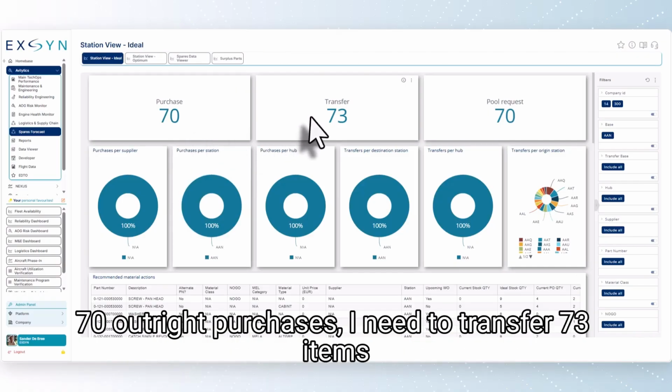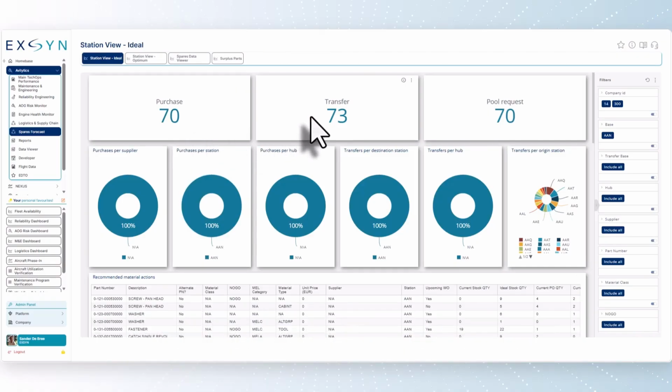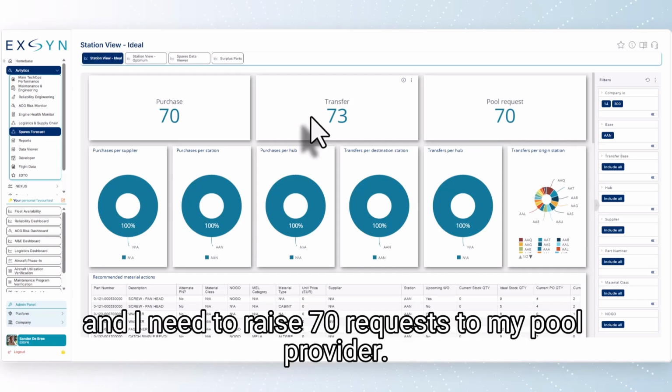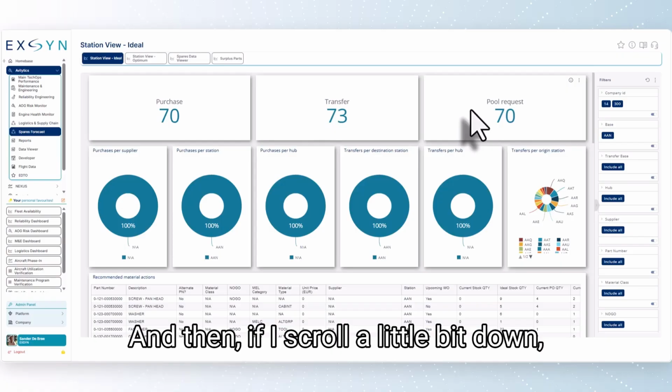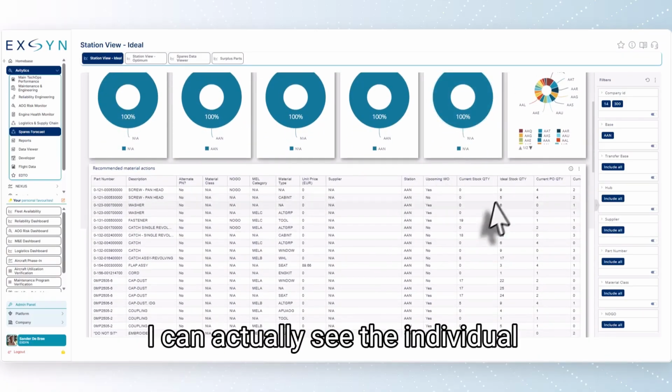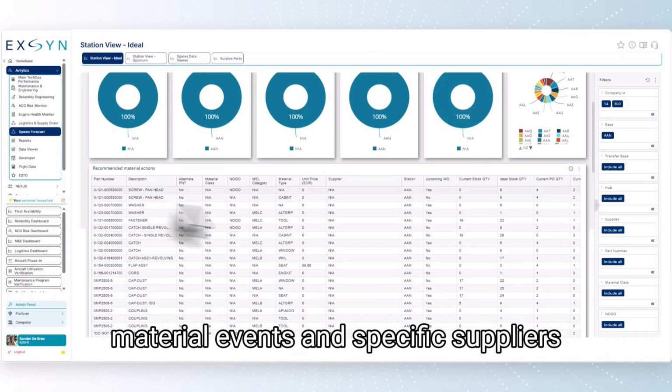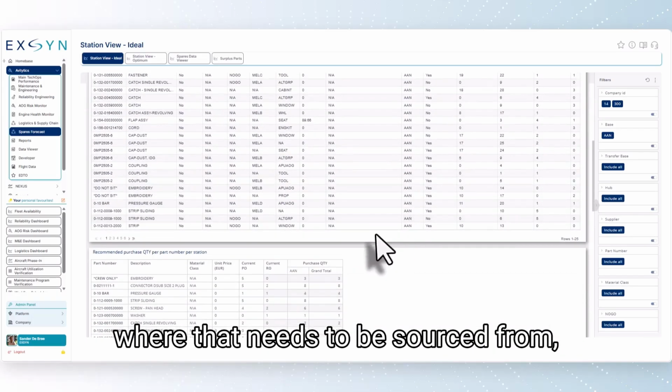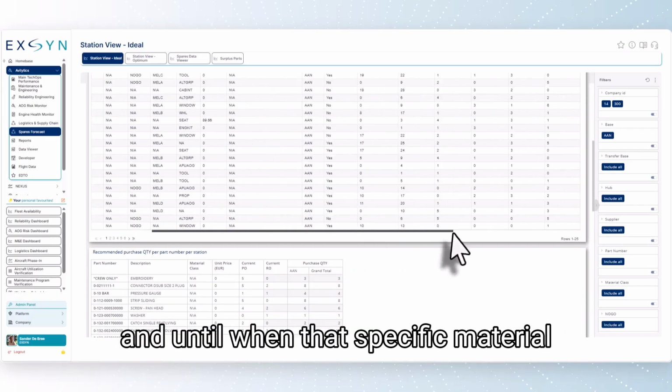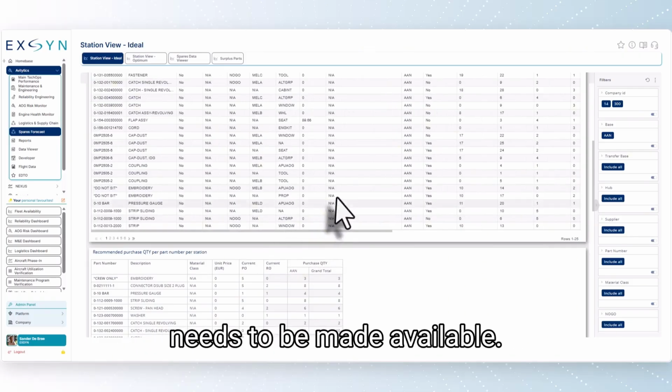I need to transfer 73 items from other bases in my network, and I need to raise 70 requests to my pool provider. And then if I scroll a little bit down, I can actually see the individual material events, specific suppliers where that needs to be sourced from, and until when that specific material needs to be made available.